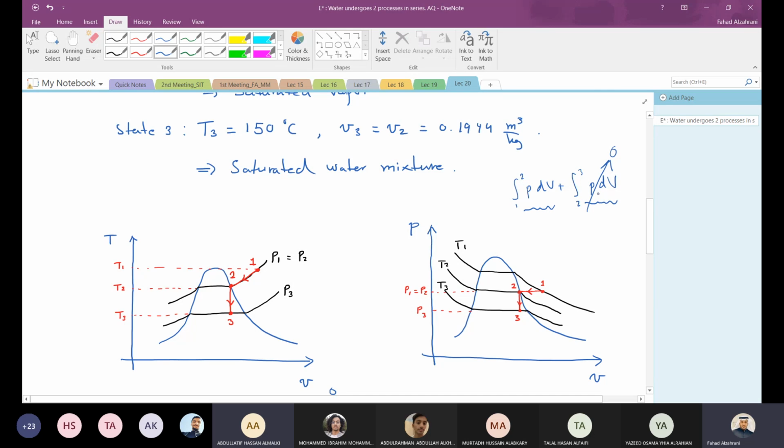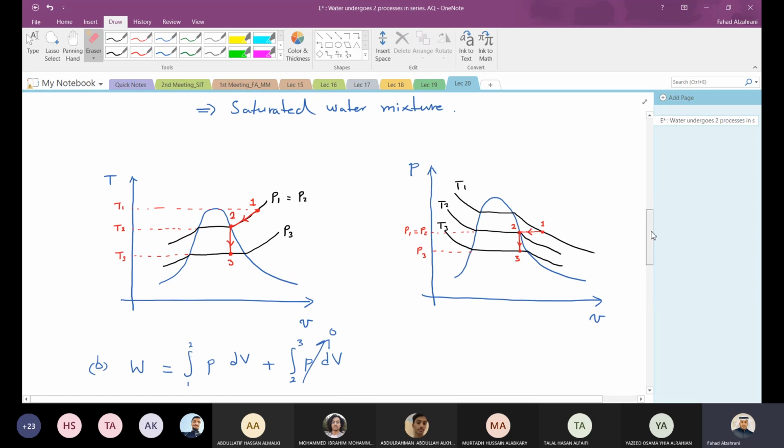So there is no change in the volume, so the dV is 0, so this is 0. Okay? This is actually correct. So if we look at here, we see that W is the integral for the first process plus the integral for the second process, and the second process, as we said, is 0, so we end up with the first process.